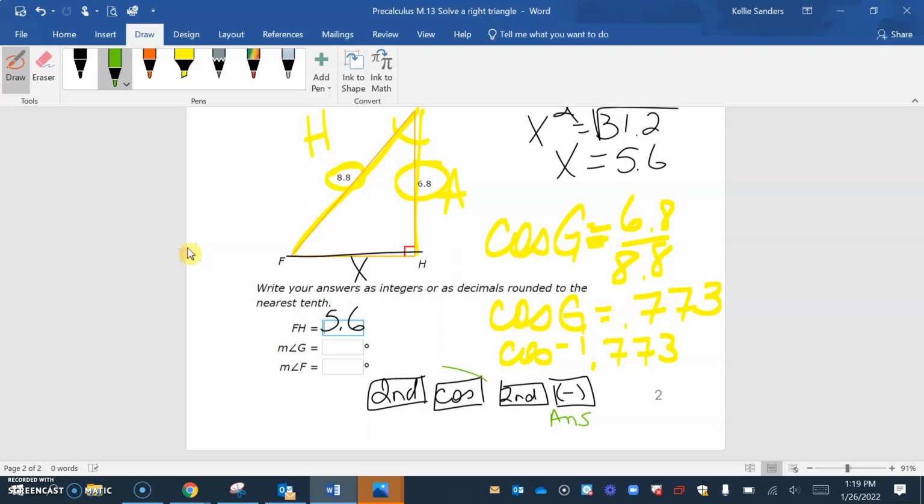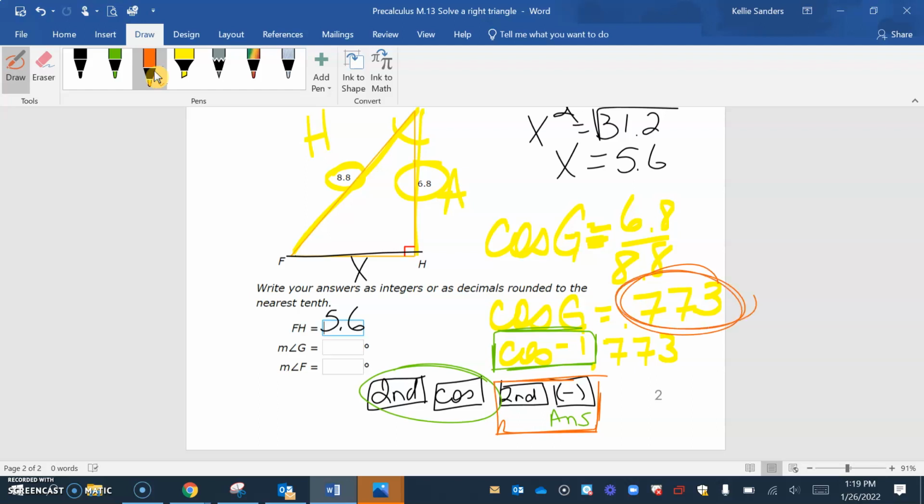The second cosine gives you the inverse function, and then this right here is putting what we already have in the calculator as our answer, and then enter.